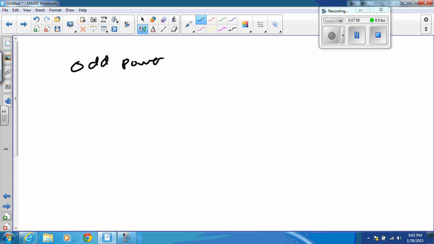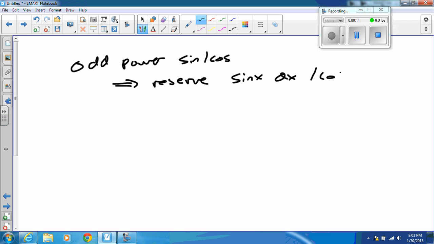So just to rehearse what we've said so far, if I have an odd power of either sine or cosine, I'm golden. Or if I have an odd power of both, I'm good. Then I'm going to reserve sine x dx or cosine x dx as du, and then I will convert using the Pythagorean identity.